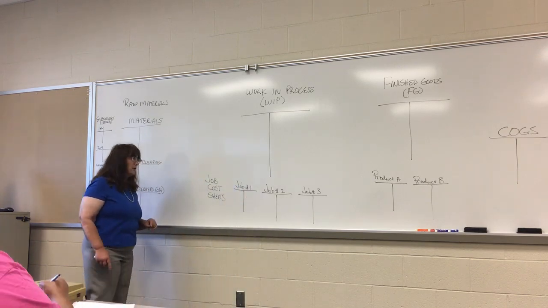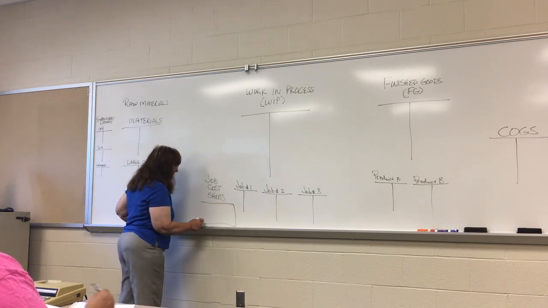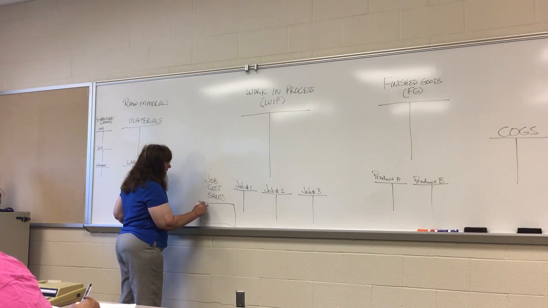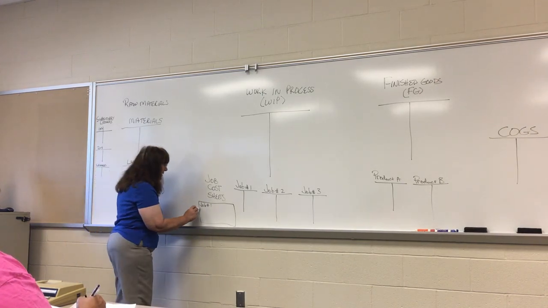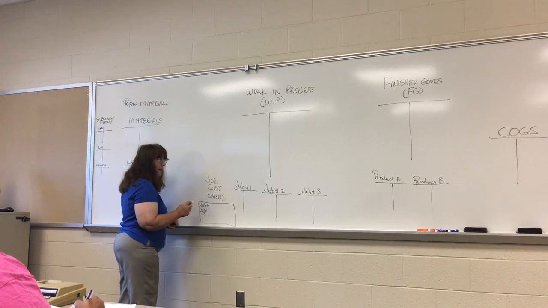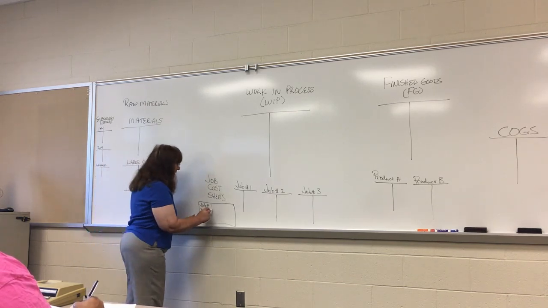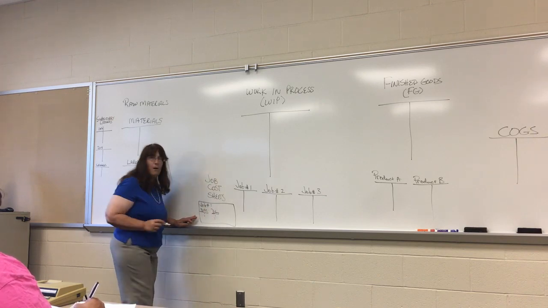But in a real job cost sheet, you have job number 1 and various information across the top. Then you have the direct materials, and they're listed out. Every direct material that went into that job. Then you have the direct labor, and that's all listed out.